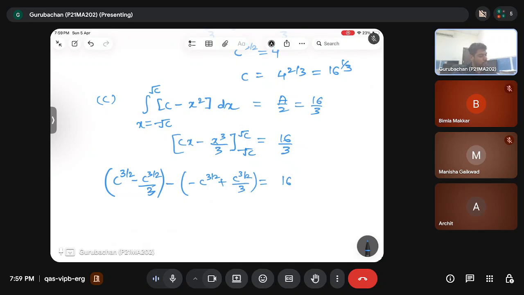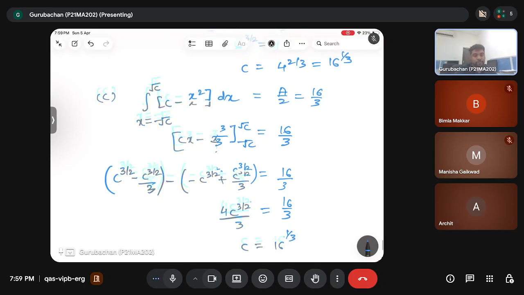Again this will give you 4 c to the power 3 by 2 divided by 3 is equal to 16 by 3. Ultimately your answer will be 16 to the power 1 by 3. Is it clear? Yes, sir.